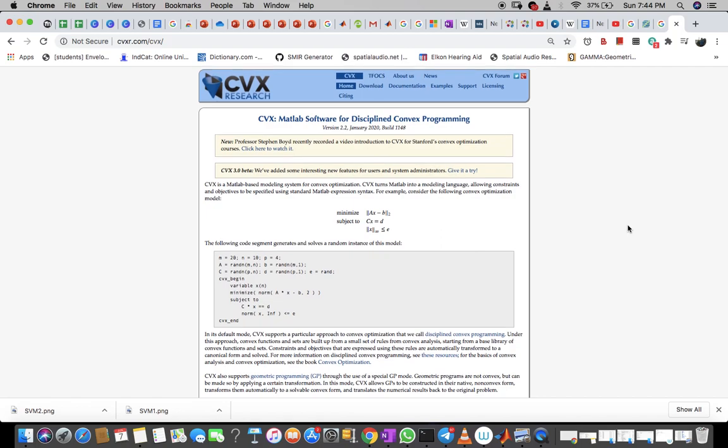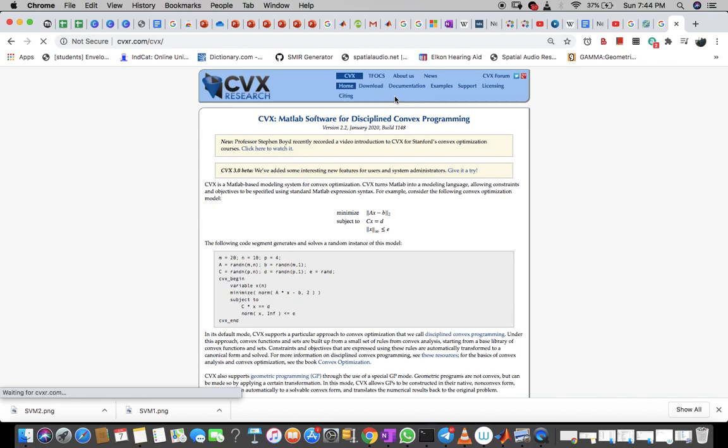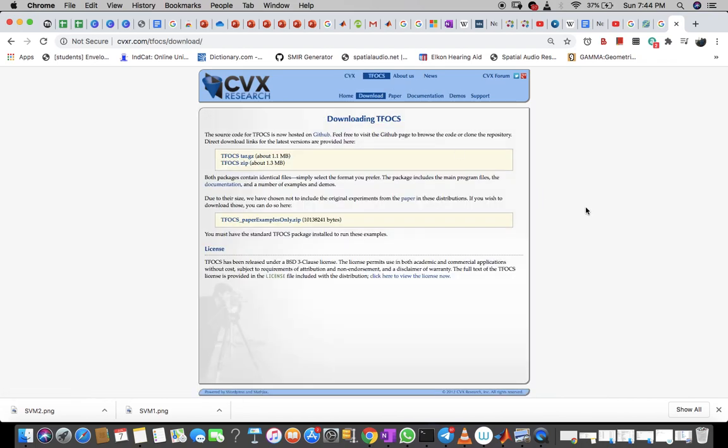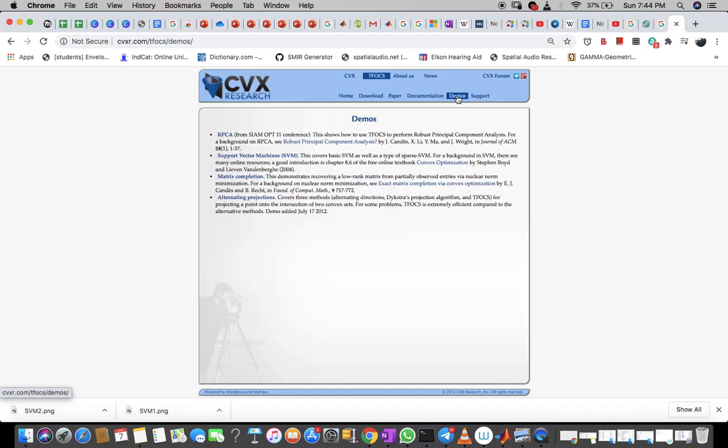This tutorial gives a lot of details regarding this optimization toolbox. You can download the academic version, which is free. There are a few toolboxes which are free for academic purposes. There is a lot of documentation and some demo examples of how you can use these toolboxes. There are also some examples on SVM. I've downloaded this and integrated it into MATLAB, and I'm currently using that particular toolbox.